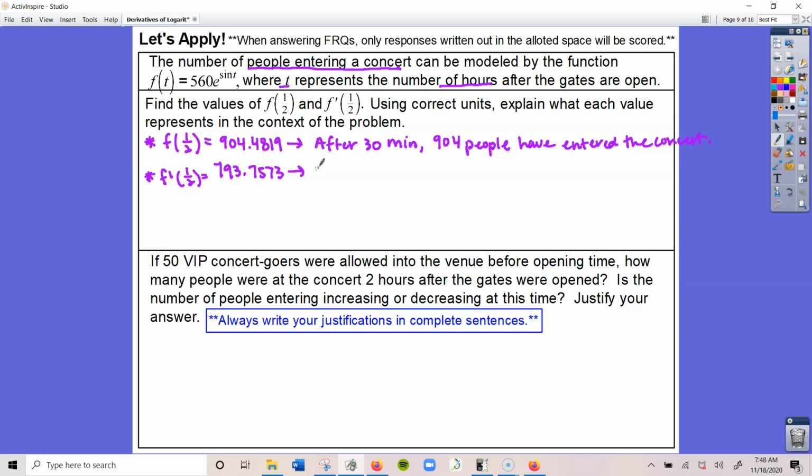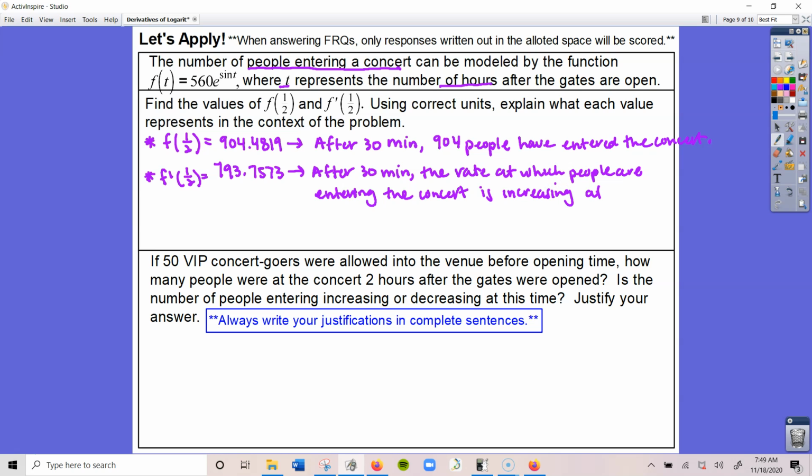793.7573. Now this means that after 30 minutes, remember this is a derivative, the rate at which people are entering the concert is increasing because the derivative is positive, at a rate, and now we describe the rate, of 793 people per hour, since those are my units.